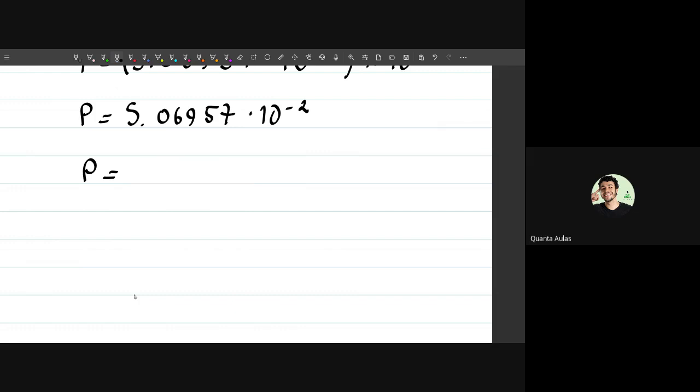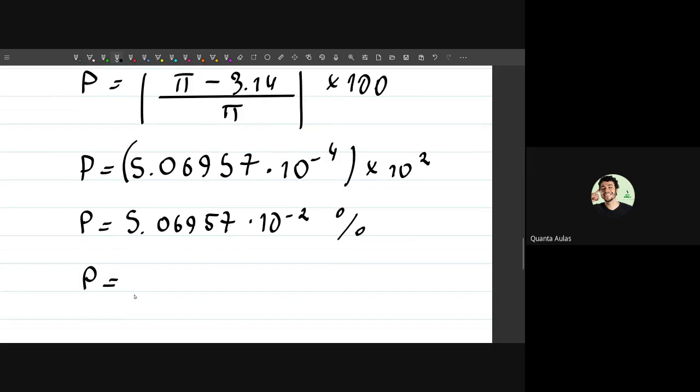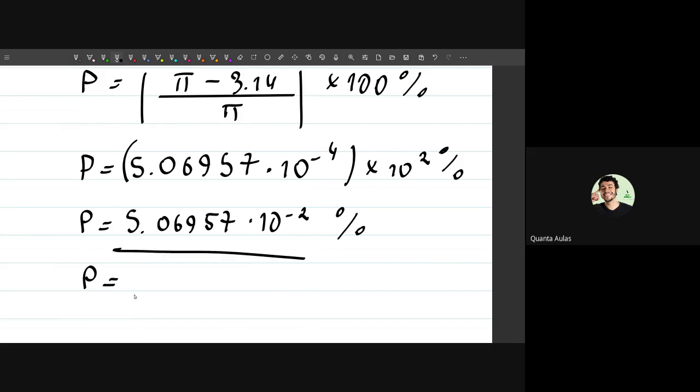We can write this without the scientific notation. I think it is more interesting. How I times the percent, the same percent, this is a percentage, okay? So when you have to the power of -2, you can bring back, two houses.